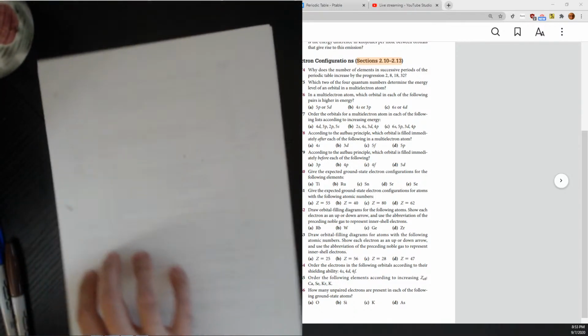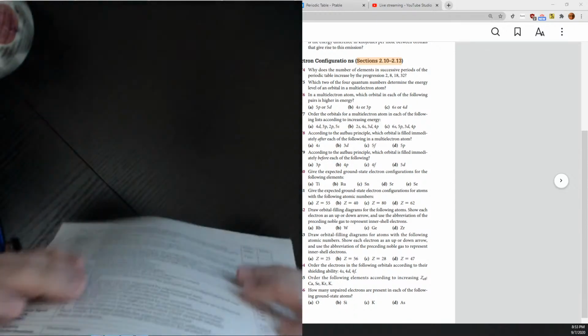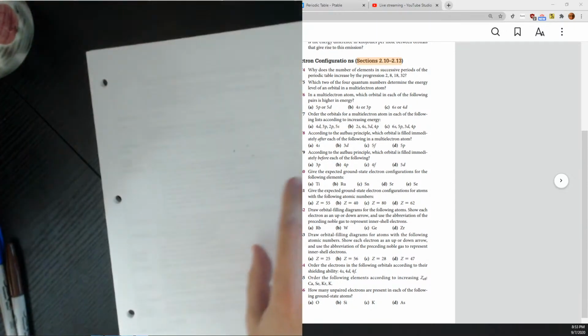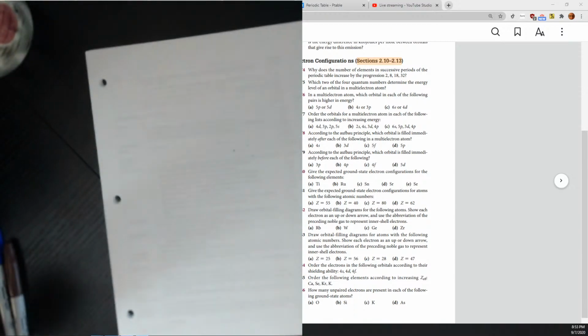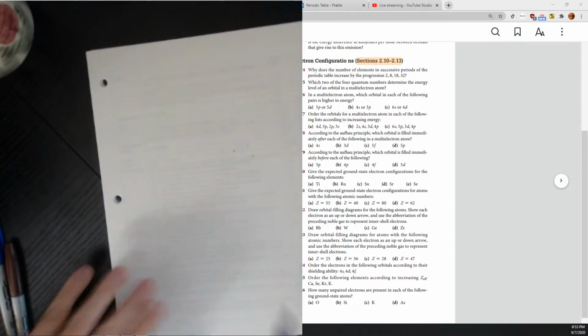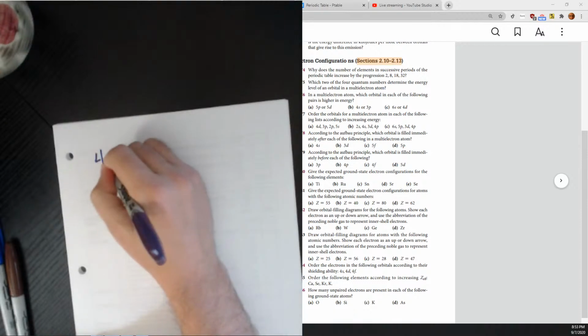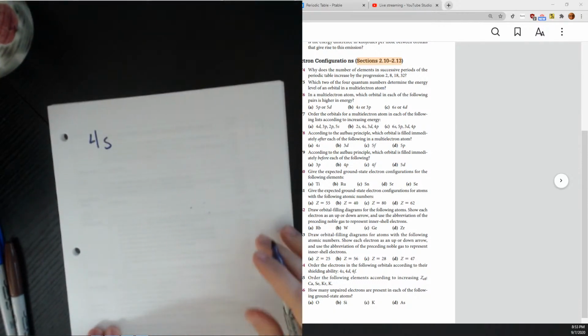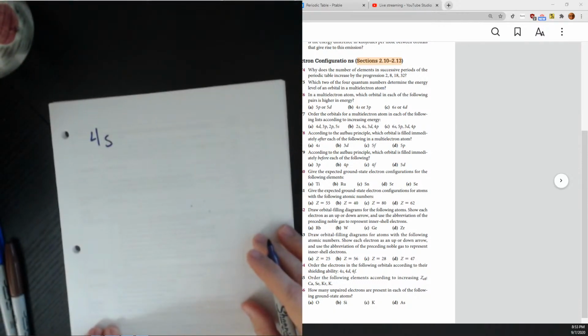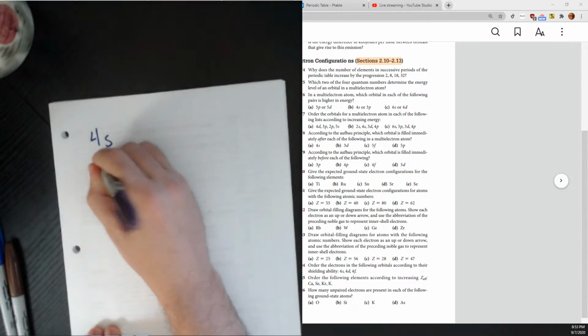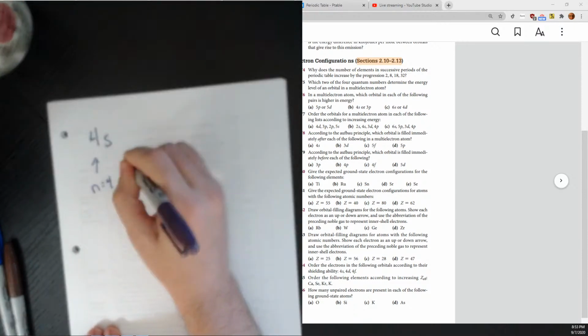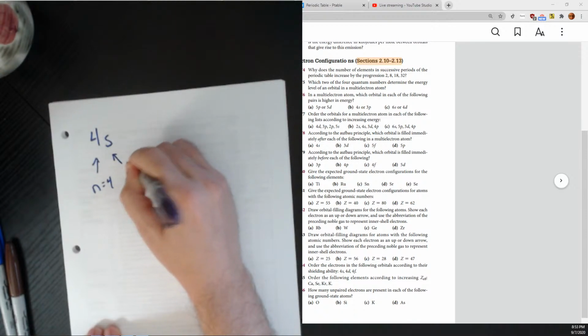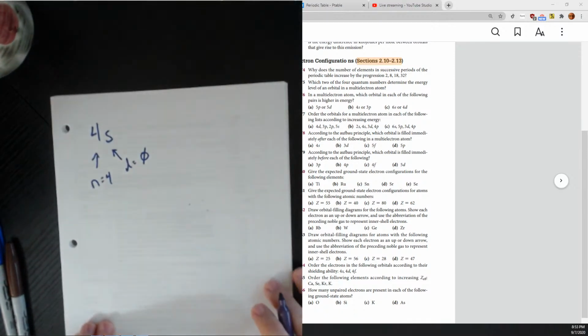All right, so first up, we have 4s. So let's do purple. I haven't done purple in a while. 4s. So 4s nails down a lot because that right there is n equals 4, and that is L equals 0. So that locks down two of our quantum numbers.